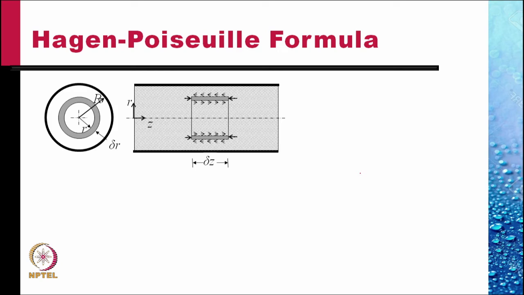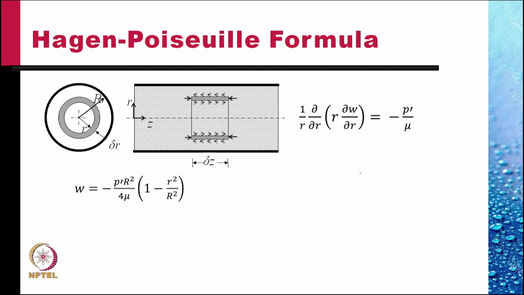There should be no net force, and the force balance gave us this relation for W, the velocity component in the z direction. We showed that P prime is constant, that is, there is a linear pressure gradient down the pipe. From this, we obtained the velocity profile, which is parabolic in r. Capital R is the radius of the tube.